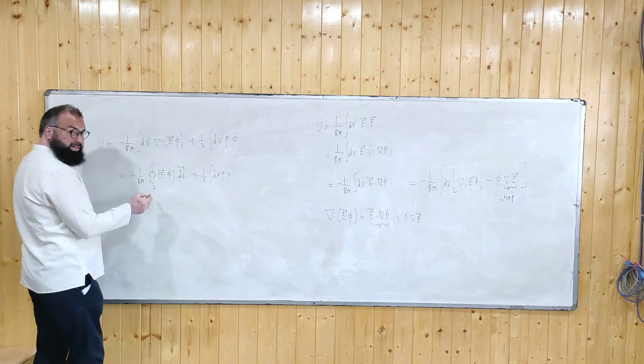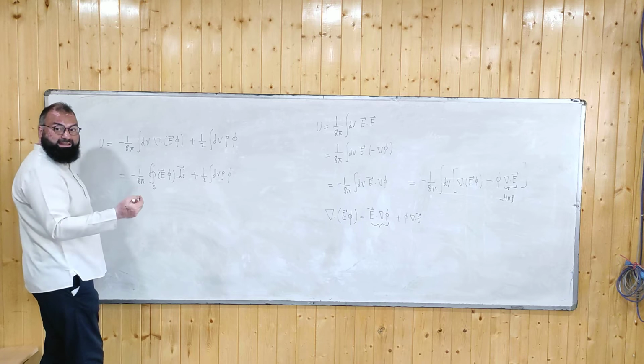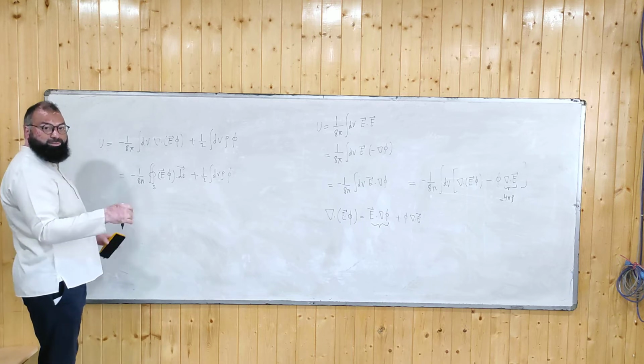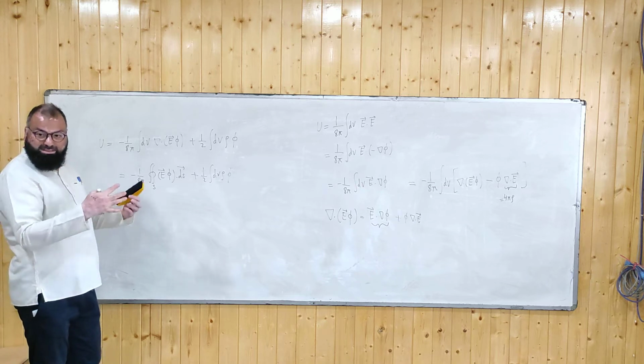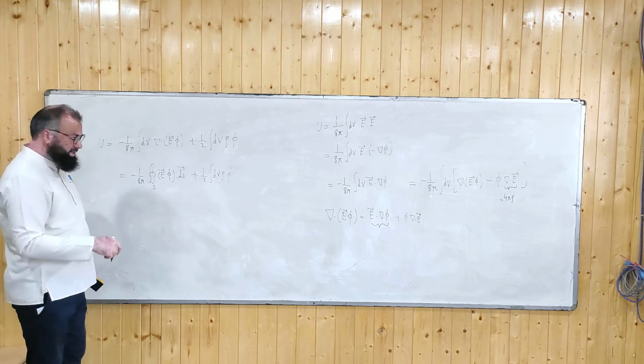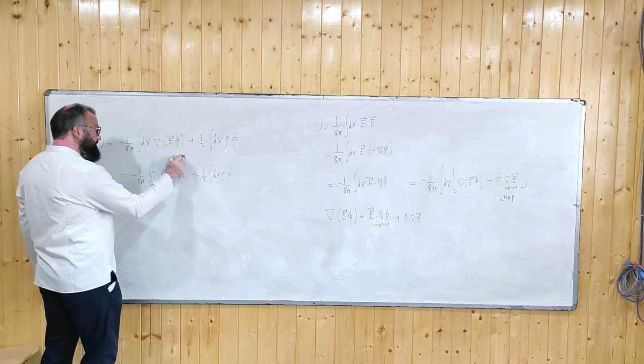Now what about this term? Since I am integrating over the entire space, we assume there are no charges at the boundary, in other words the field vanishes at the boundary. So this term vanishes at the boundary.